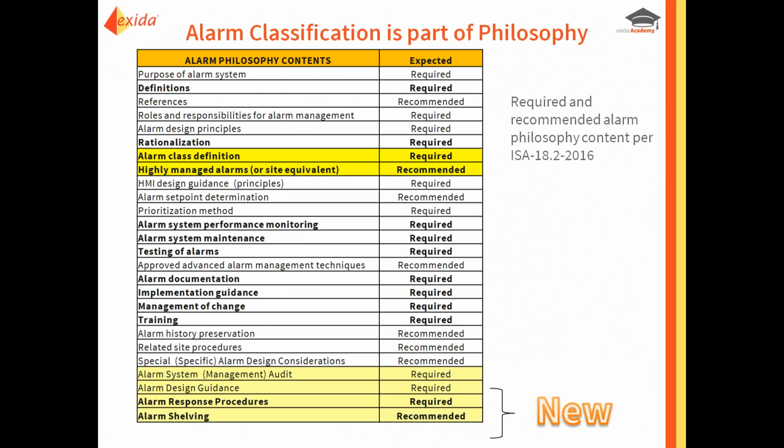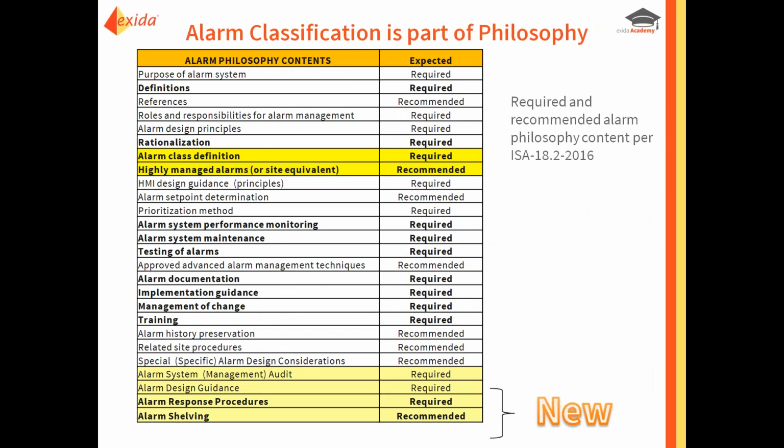So it can kind of pervade the whole philosophy document and can be a really key element of your alarm management program and making it successful. So things like performance monitoring, maintenance, testing, training, there might be requirements that are based on alarm class.